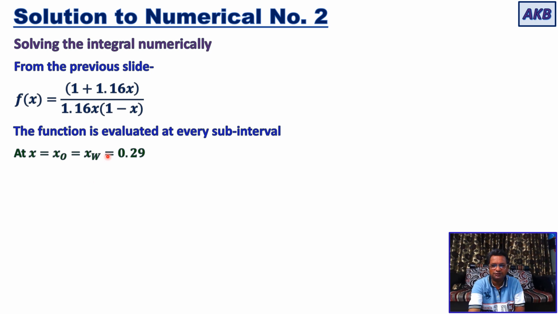Let us start at the beginning, where the value of x is x0, which is nothing but xw, that is 0.29.